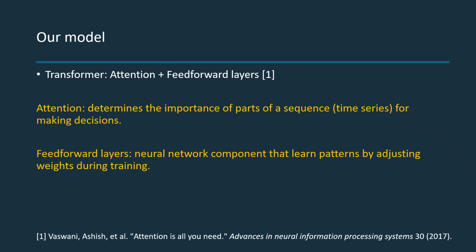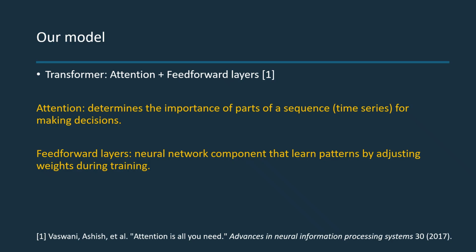The machine learning model that we have found to be the best performing in our case is a transformer model adapted to our data. A transformer is a neural network-based model that has two key parts: an attention mechanism and a feed-forward layer, both of which help in determining the most important patterns from a time series, such as the data that we have in our study.